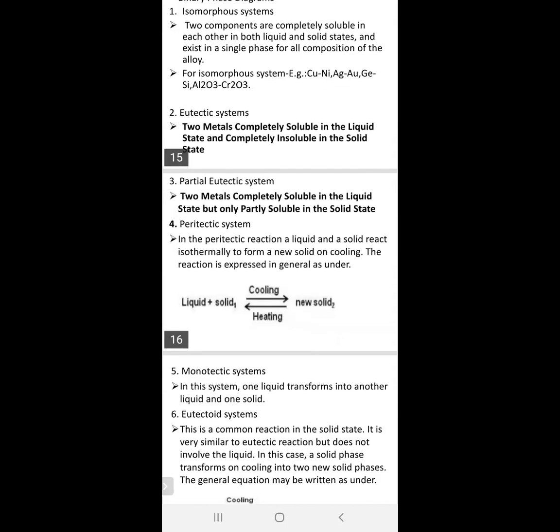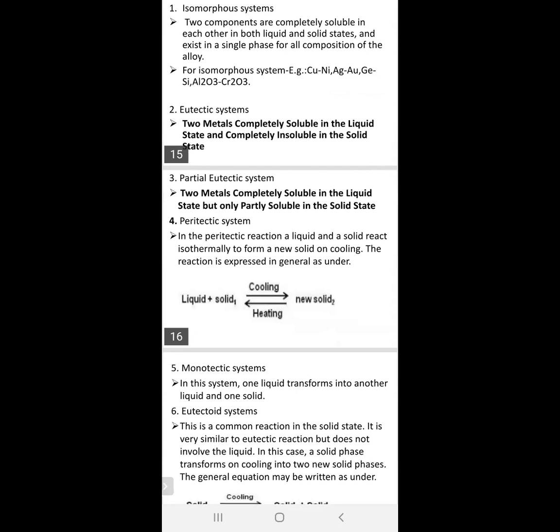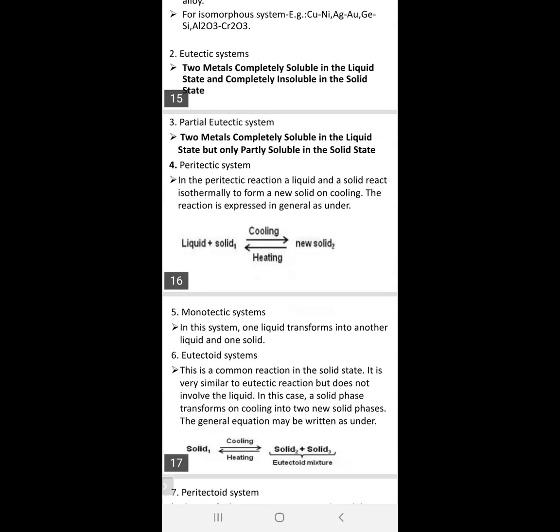In the eutectic or partial eutectic system, when you cool the liquid, it gives two solids, that is solid 1 plus solid 2.